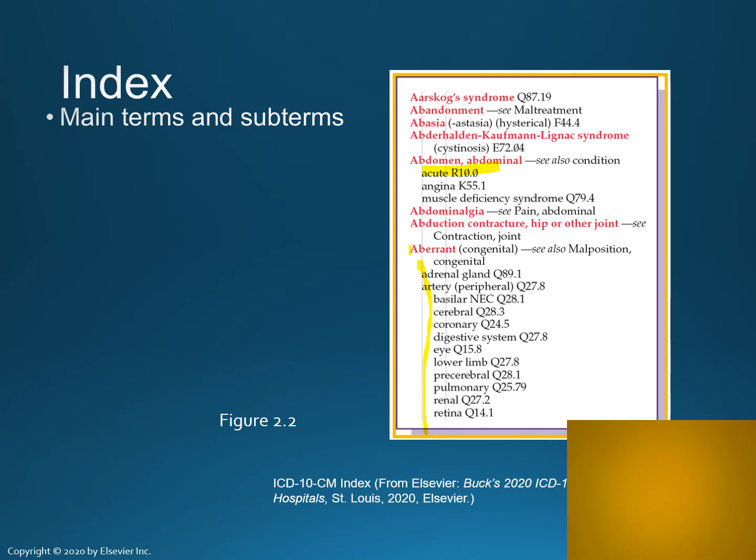Not only that, if you see right over here, artery, so this would be aberrant artery, say that it's a coronary artery. So say the patient has an abnormal coronary artery, it would be aberrant artery and then coronary. So this is how we would look codes up.